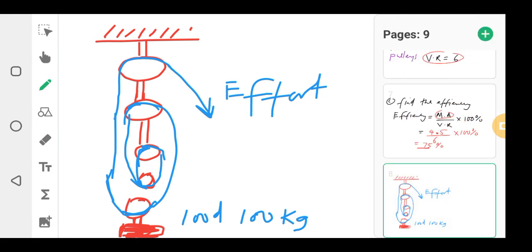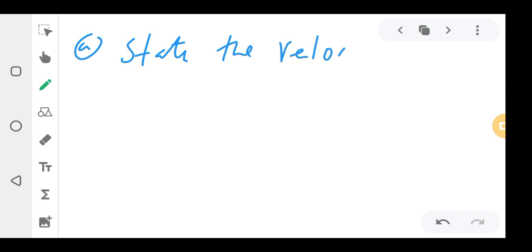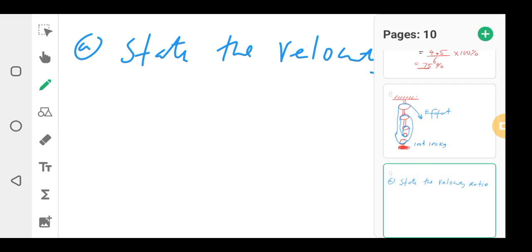And then let me do the questions now. Question 1. Question 1 is state the velocity ratio. Remember what I said the velocity ratio is? It's the number of strings that are parallel. Just say the number of strings.